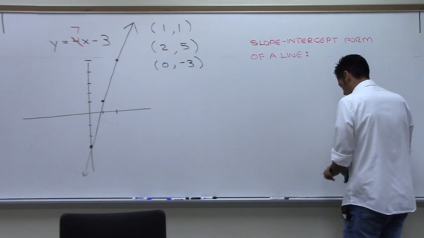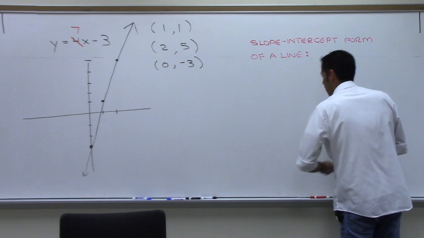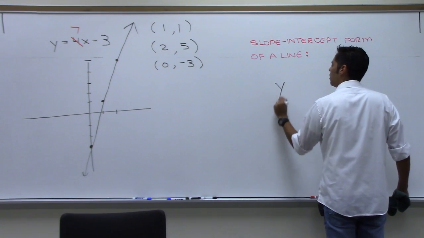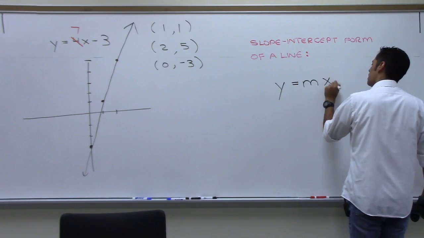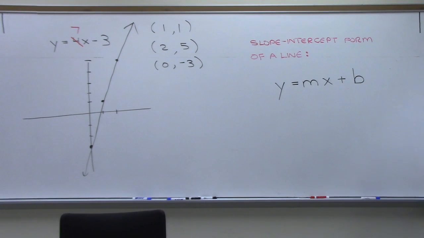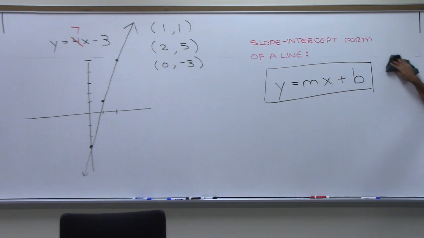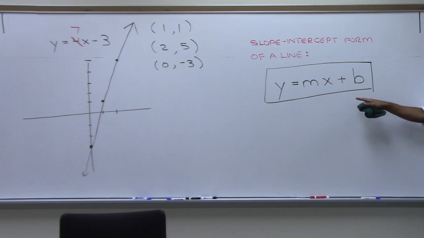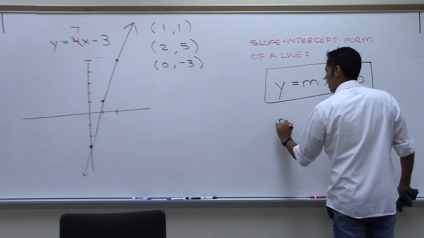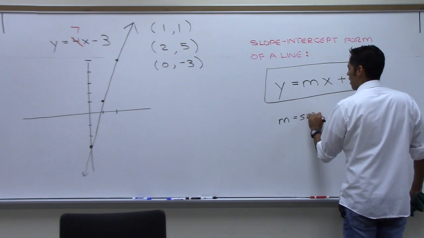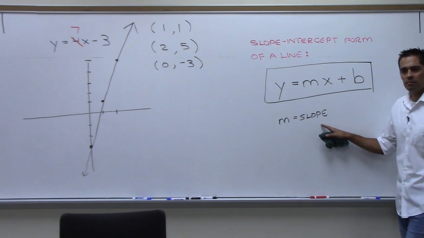And here it is. If this is all familiar to you, then you probably will see this and say, oh yeah, I remember seeing that before. Y equals mx plus b. So if you're ever asked on a test to write the equation of a line in slope-intercept form, they want it to look like this. Now, m in this is the slope, which we've already determined we can calculate, right?